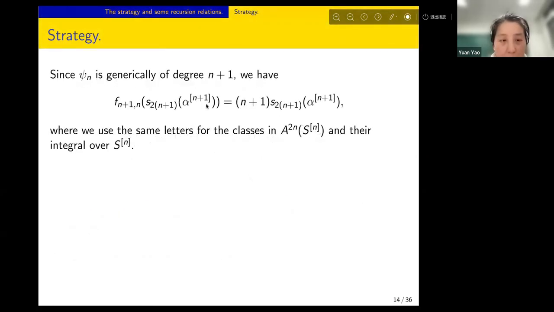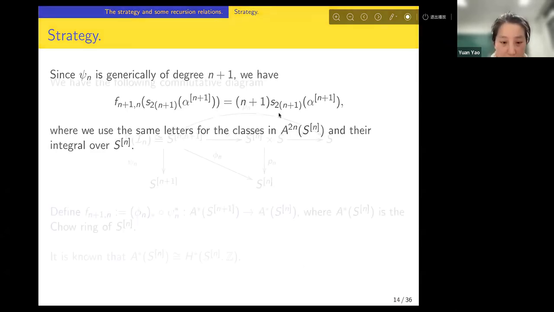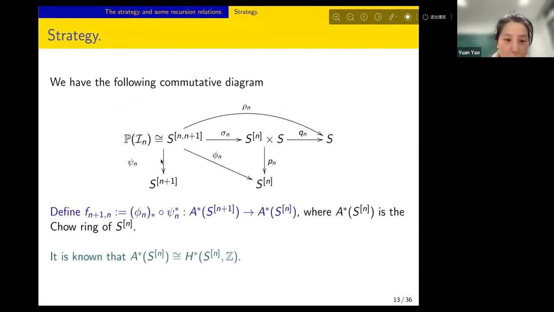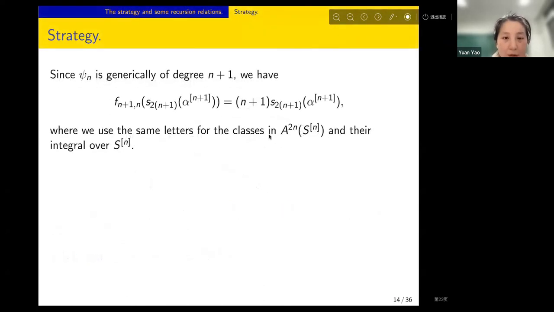So psi n is generically of degree n plus 1. So once you get some class of 0 dimensional, you pull back and you push forward. Since psi n is quasi-finite, you get generically quasi-finite, right?